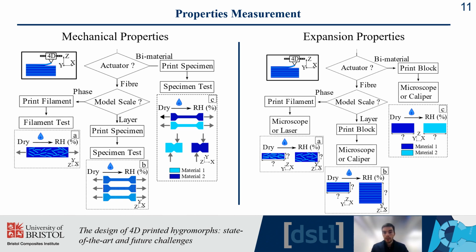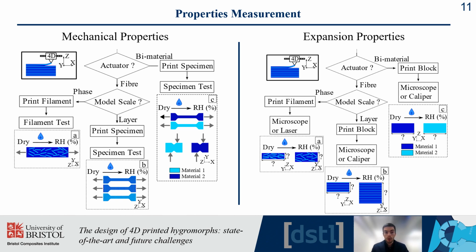The expansion property, which is the ability of the material to deform in different directions, also depends on the shape of the specimen implemented, and it would be interesting to know which are ideal shapes in order to measure these. And finally, there are different types of parameters used to measure this expansion capability.